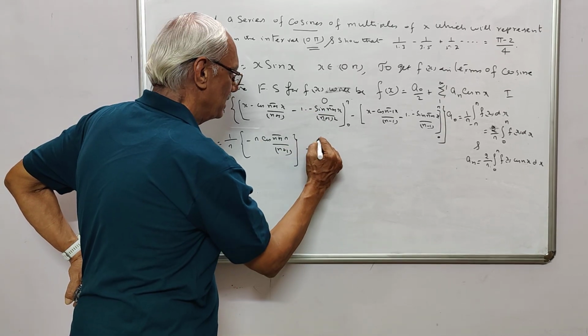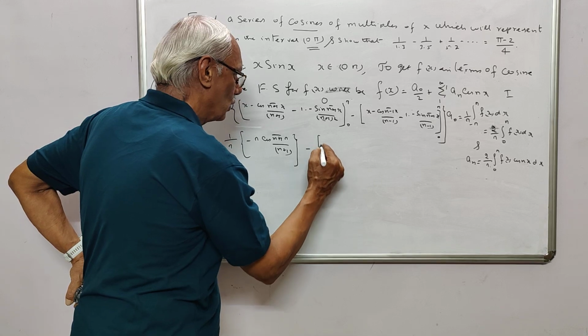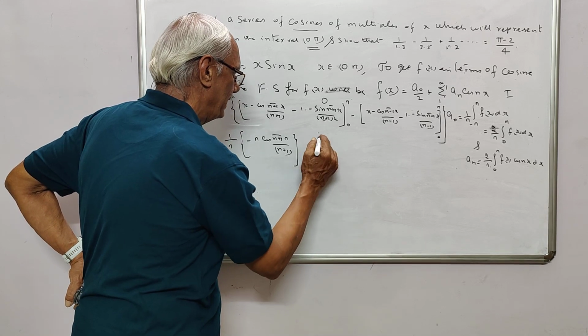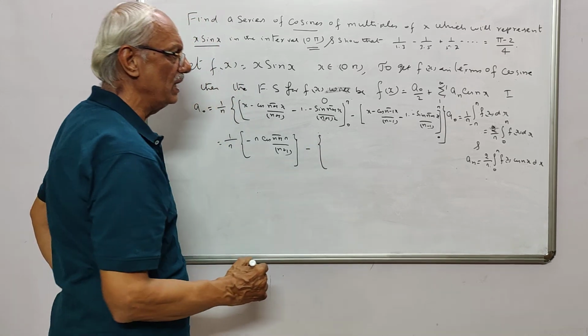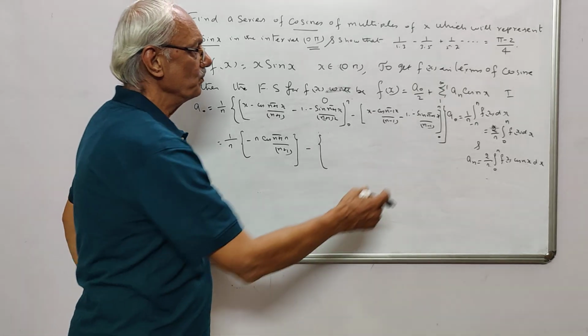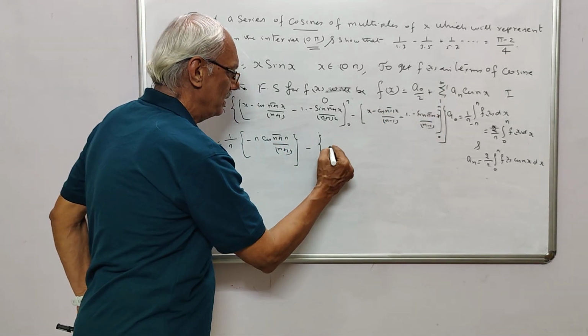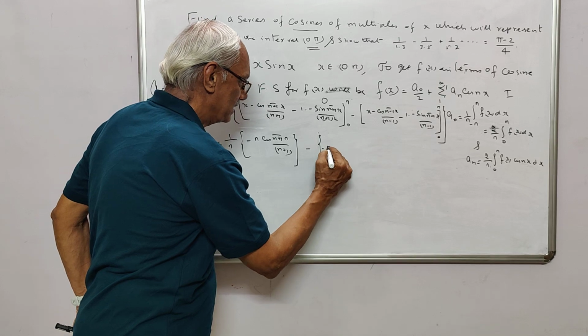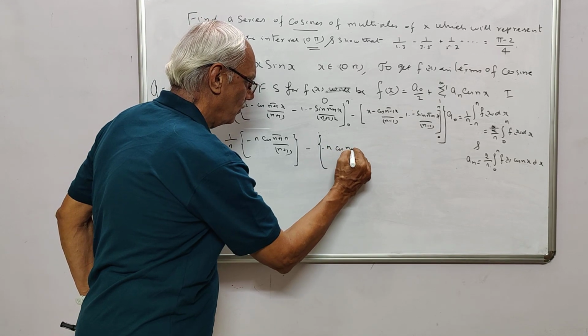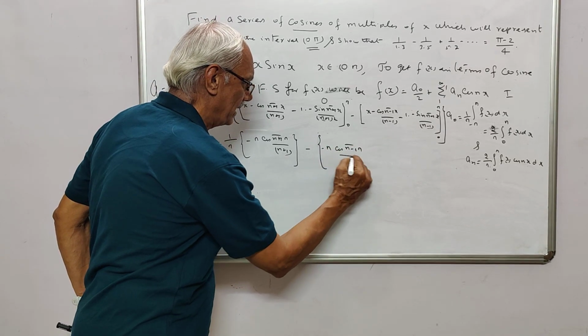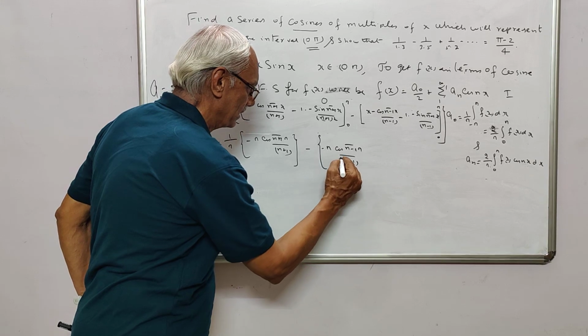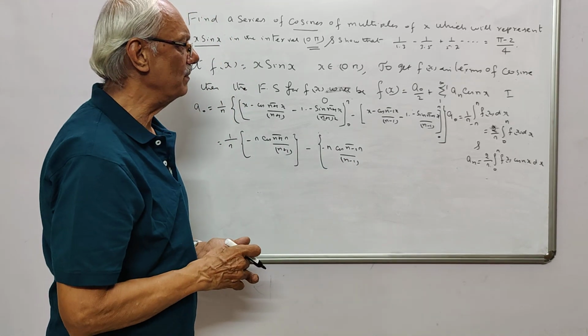Then minus, do the same, apply your logic now. You apply the ideas that you have gained in mathematics. So you see that when you put pi here, it is minus cos of (n minus 1)pi divided by (n minus 1). Now I will apply the same idea here.